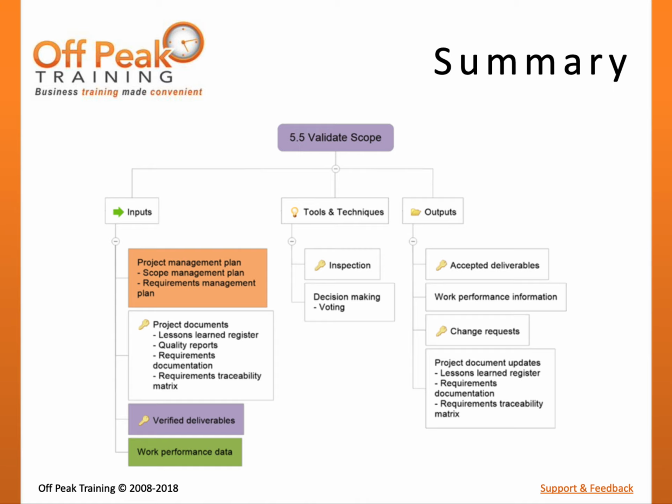If they don't, then change requests will be generated, which, if approved, would lead to rework by the project team. When deliverables do meet requirements, the stakeholders will accept deliverables. Accepted deliverables will become an input to the close project or phase process.